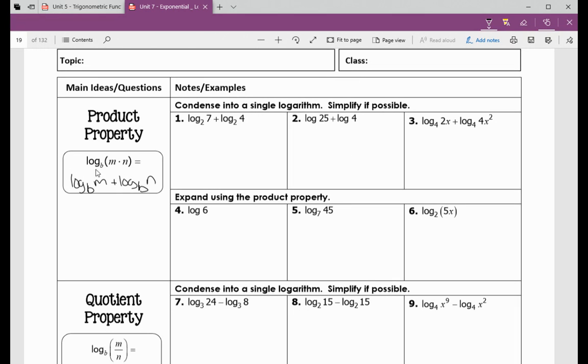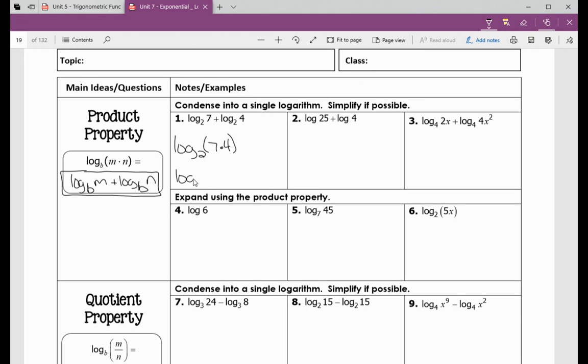All right. So the way the property works, if you're starting off with 2 logarithms, make sure the logarithms have the same base. So I have a log base 2 plus a log base 2, which means I can condense it to 1 log base 2 with 7 times 4. Now, if you can clean this up, which we can multiply that out.